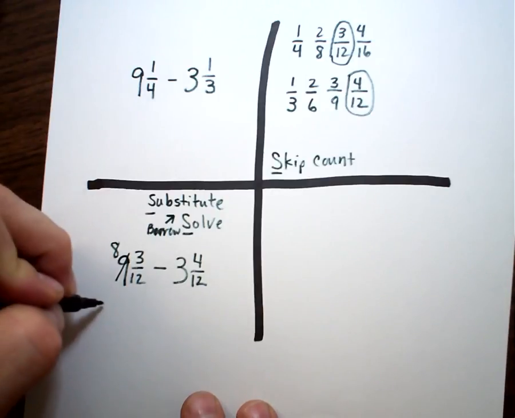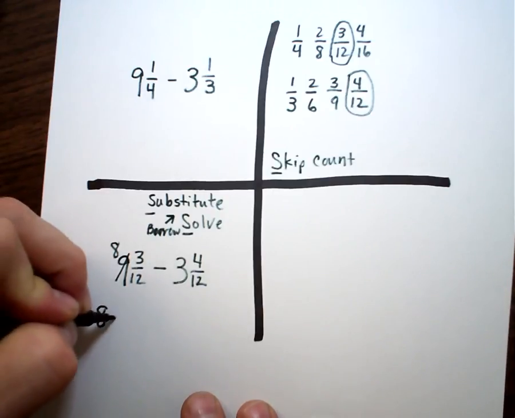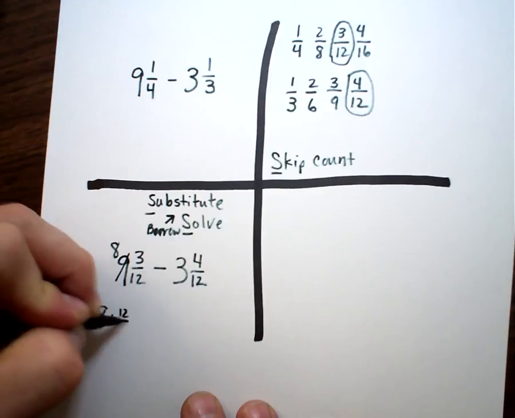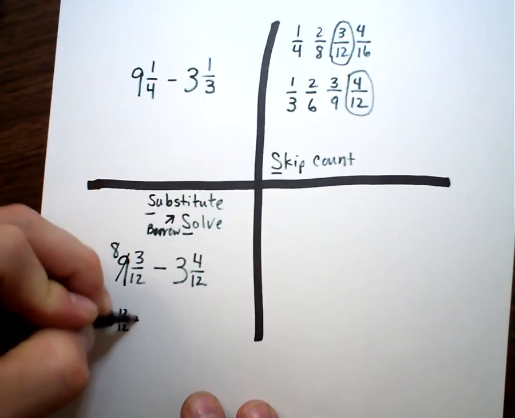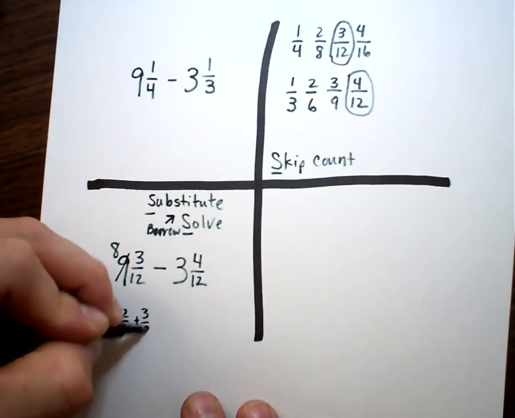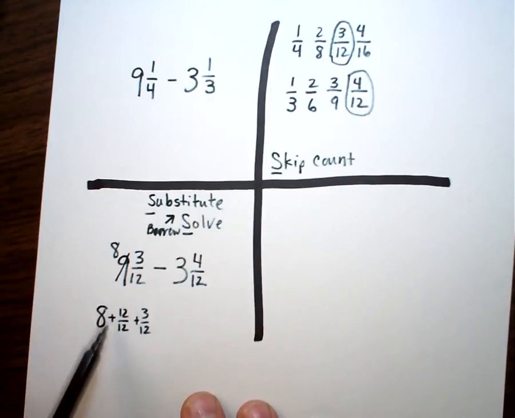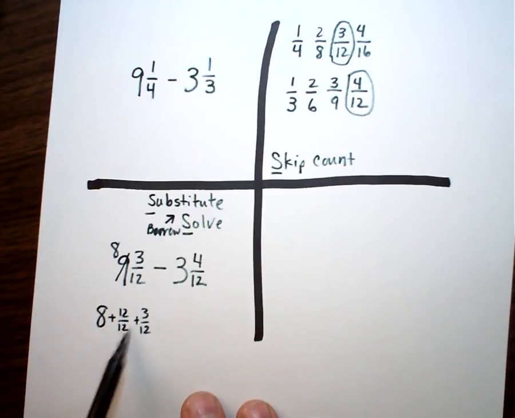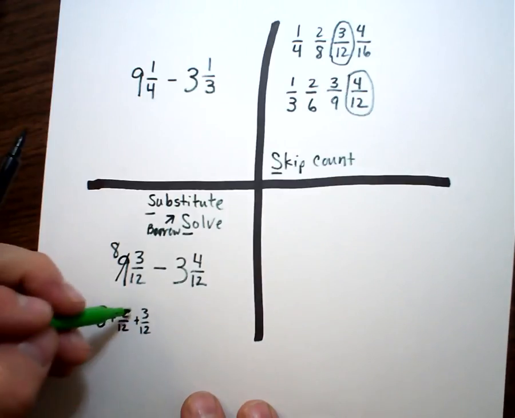So I'm going to rewrite it here. I've got 8 plus 12/12 plus 3/12. What I did was I took 1 from the 9 and I turned it into 12/12, which equals one whole. So 8 and 12/12 still equals 9. Let me make that really clear.